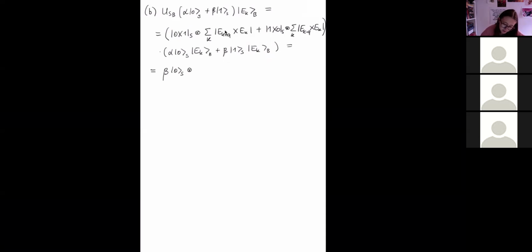This is not the best choice of coefficients, so I'll just say that this is J, because I don't want to get mixed up with the K over which I'm summing and the K that is the level there. And here I get sum over J |E_J plus Q><E_J|E_K> plus the second term is alpha |1> on S times sum over J |E_J minus Q><E_J|E_K>.